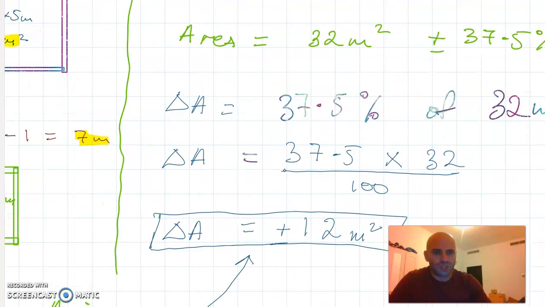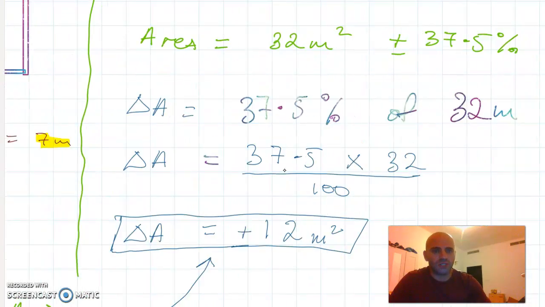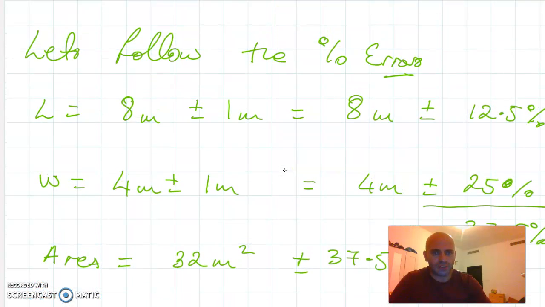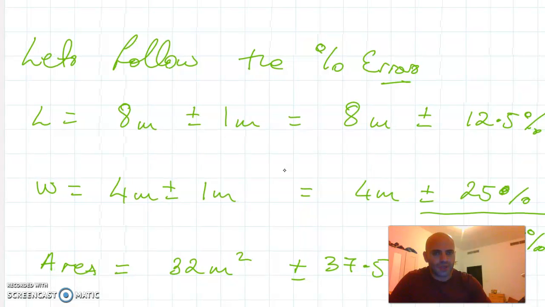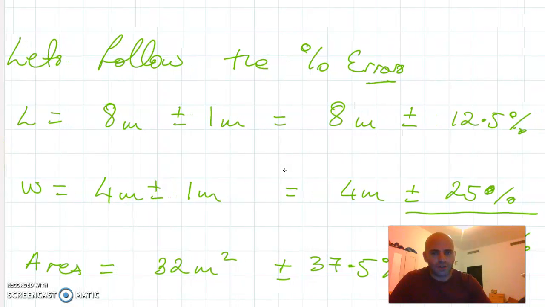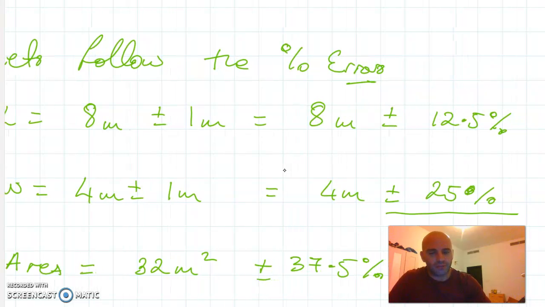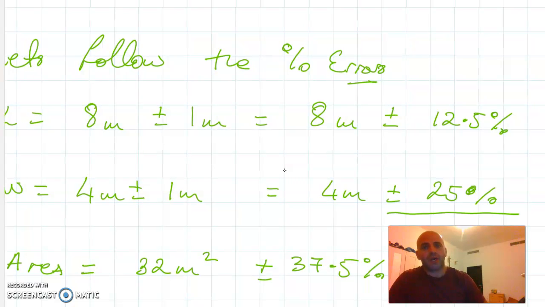Now let's compare that to the addition of percentages. If you follow it through using the percentage uncertainty, we've got 8 meters, plus or minus 1 meter. 1 over 8 is 0.125, times 100 gives us 12.5% uncertainty.